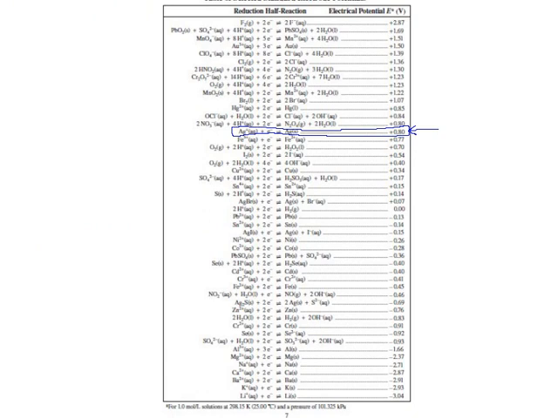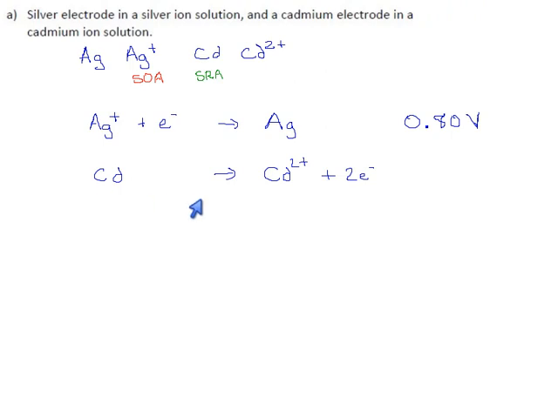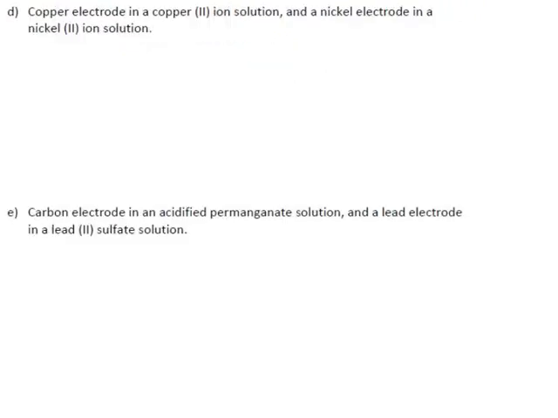If you find your cadmium row, where are we? That's cobalt, that's not it. Here we are. Here's cadmium, and in the book here it says minus 0.40 volts. But that's for the reaction where cadmium 2 turns into cadmium. What we have is the exact opposite. We have cadmium metal turning into cadmium 2.